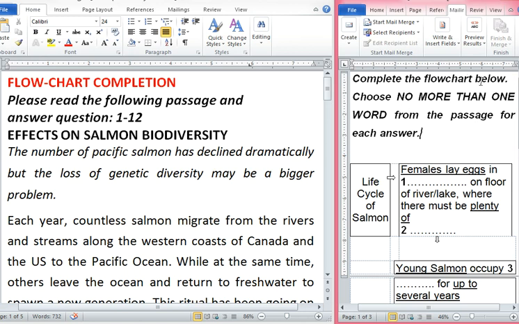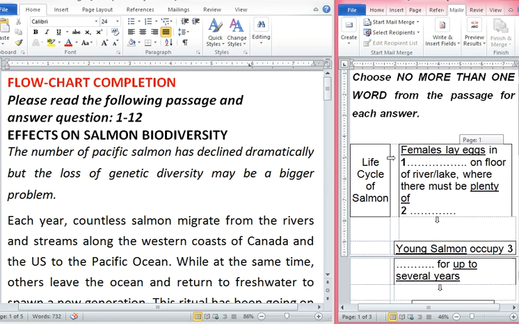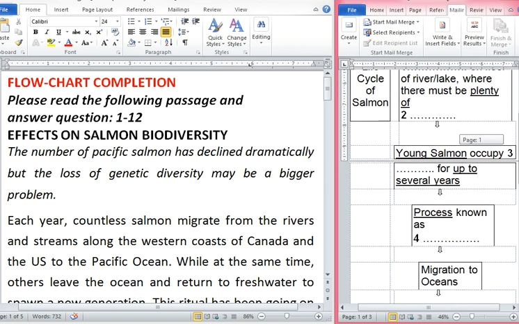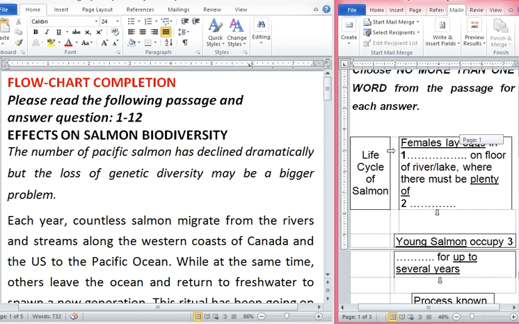So this is a flow chart question, and if you go through the courses, you come to know that here the answers appear in sequence. What does that mean? That means you will get the answer to the first question in the passage first, then the second one, then the third, and the fourth or fifth, or however many questions you may have, right?